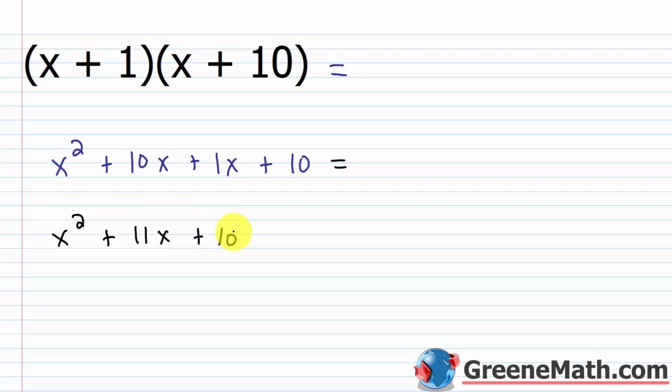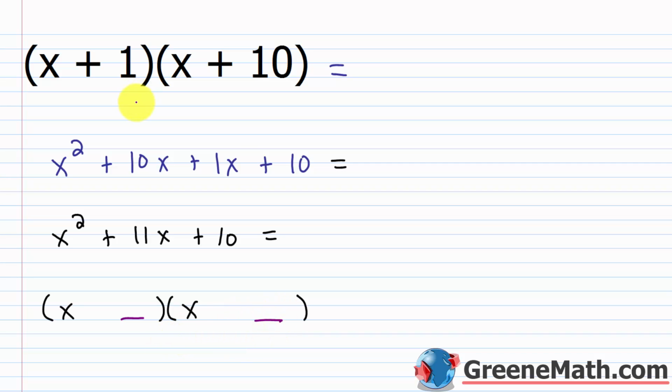If I was given this and I was told to go back to this format, what would I do? Well, I know that I would start with x and x. That's pretty easy, right? x times x gives me x squared. How would I get this spot here and this spot here? Well, let's think about it.